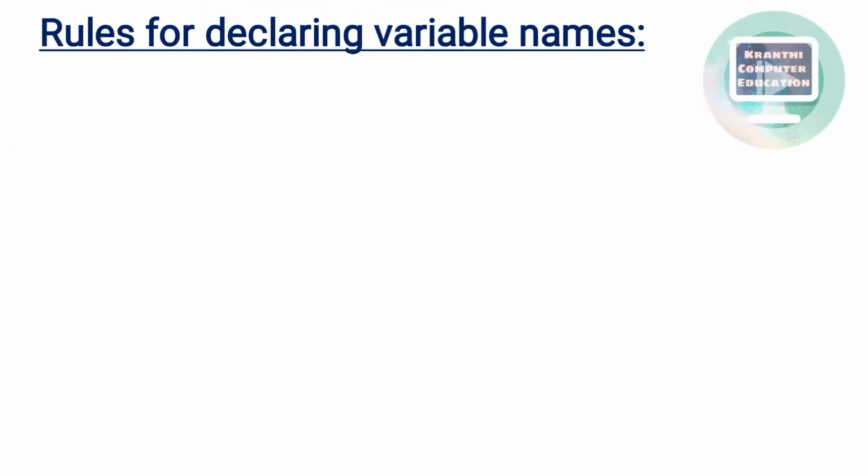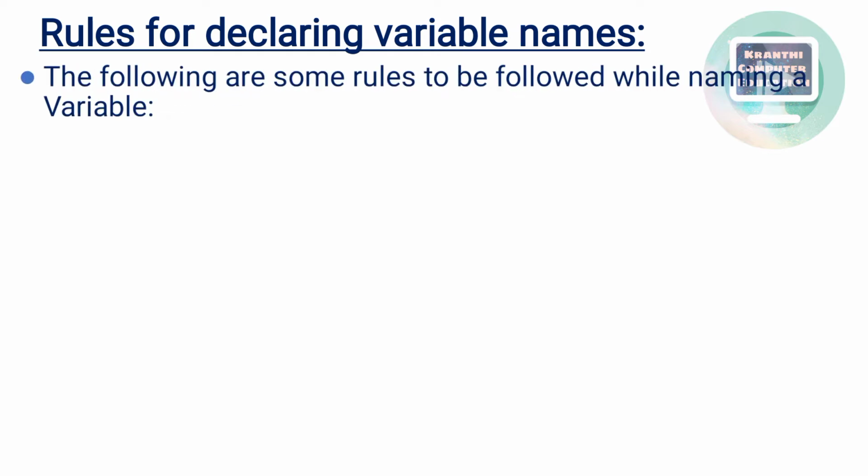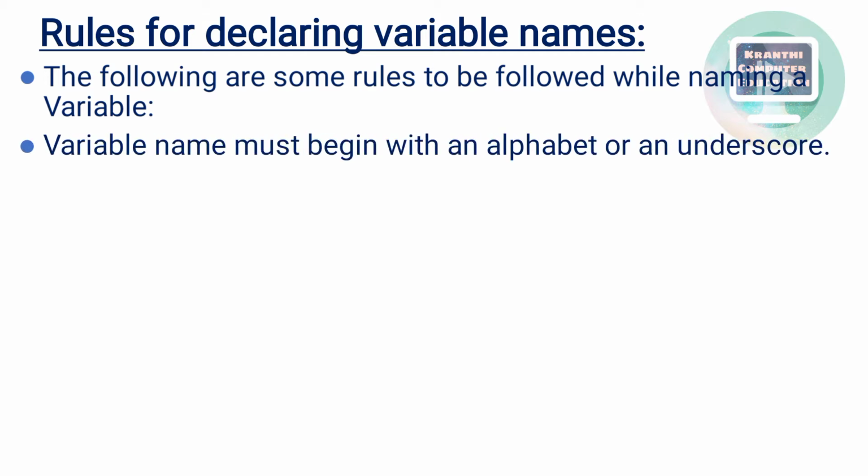Next, we will see what are the rules for declaring variable names. The following are some rules to be followed while naming a variable. First, a variable name must begin with an alphabet or an underscore, but not with a digit.